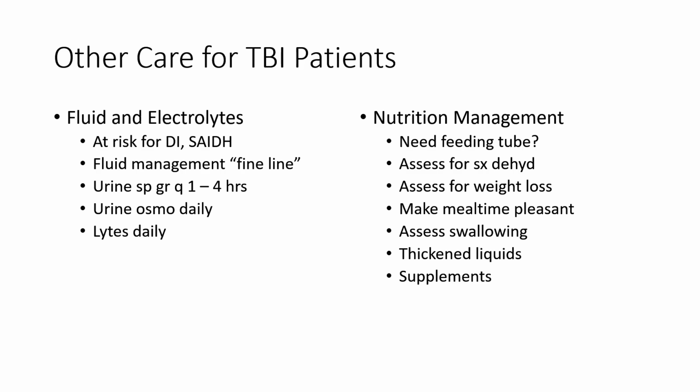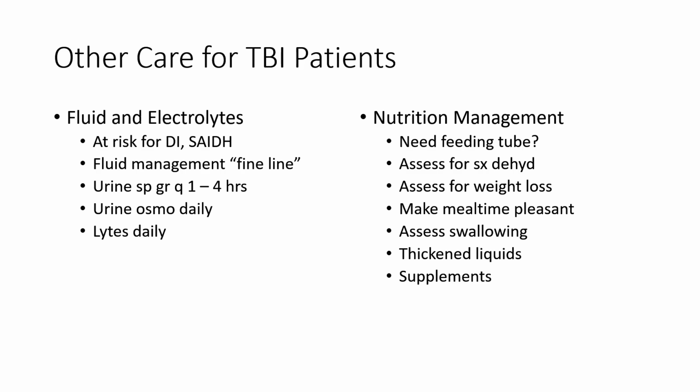We also, in the early stages, are going to be watching their fluids and electrolytes very closely. We are concerned that with the brain injury they may have had the area that's involved in the hormone release damaged, where they get diabetes insipidus or SIADH.